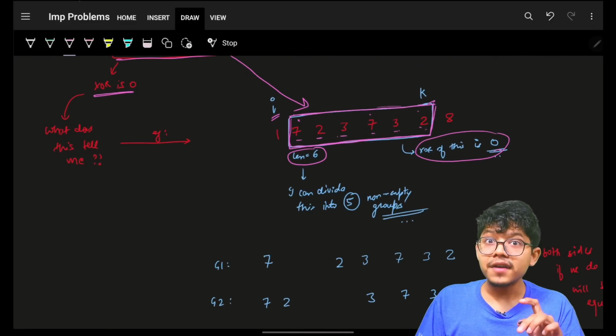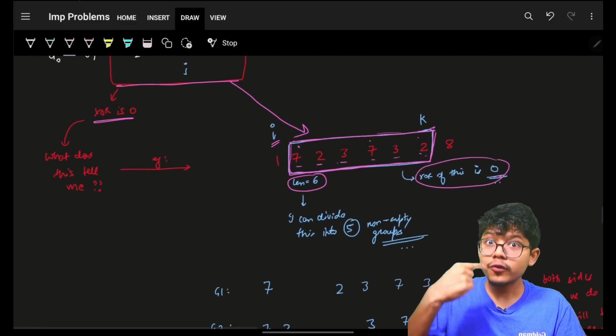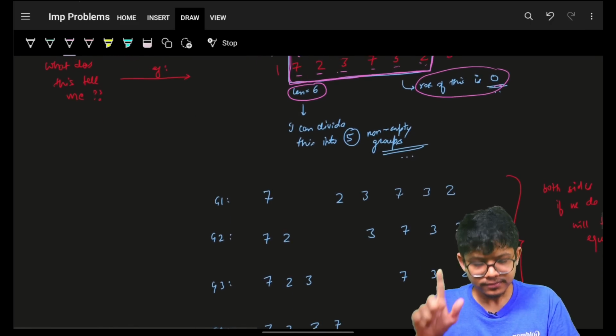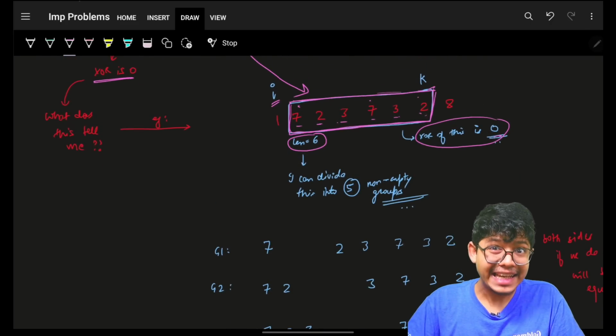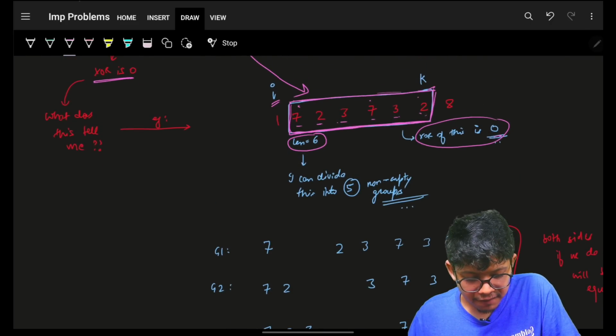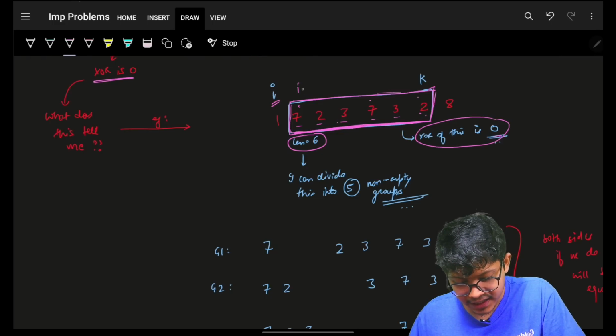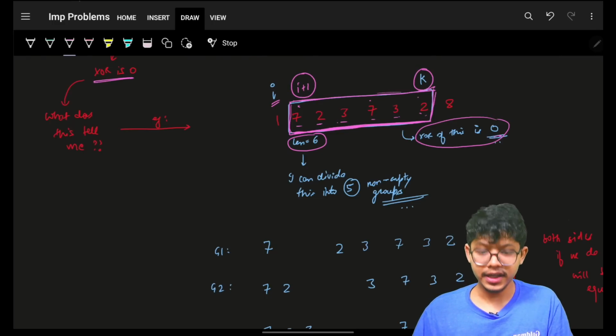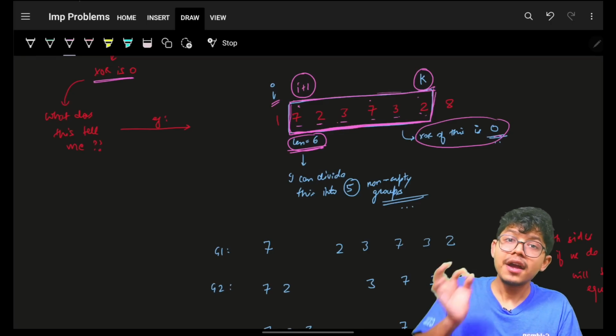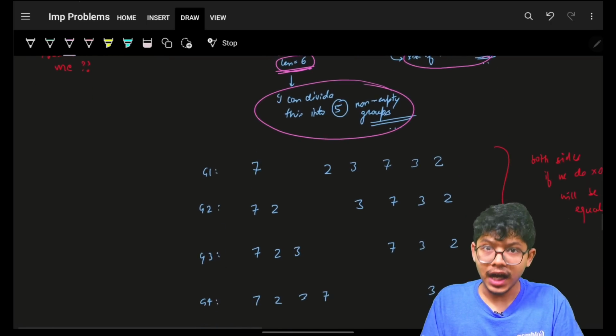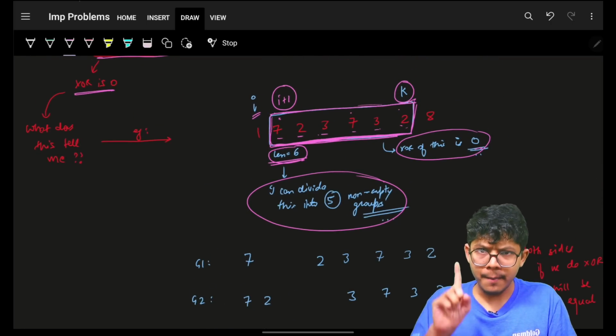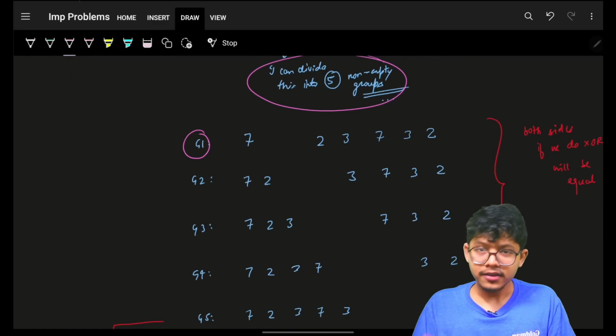This will help me figure out the number of all good triplets. How? You will see. My claim is that if I have this specific range, i plus 1 to k, with length 6, I will have 5 such groups. How? You will easily see that. Again, remember this pink thing? Not always.